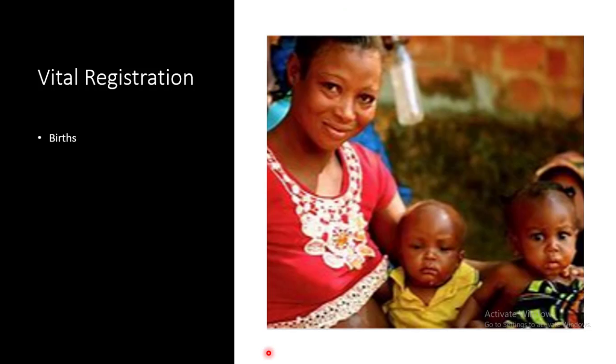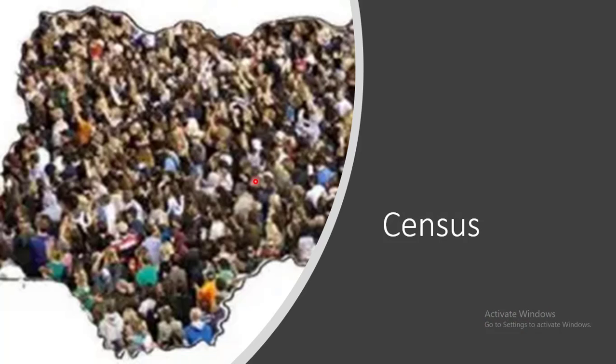Then the next thing you need to look at is the vital registrations. Under vital registration, the first thing is the birth. You want to know how many children are being born at a time, because when you have so many children being born, it will increase what? The population. You could see it, the population will increase.